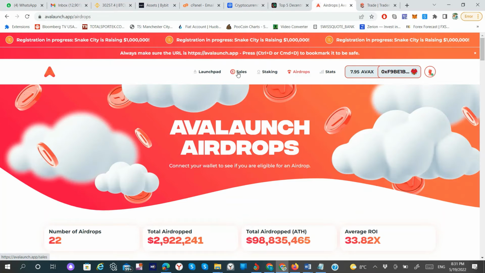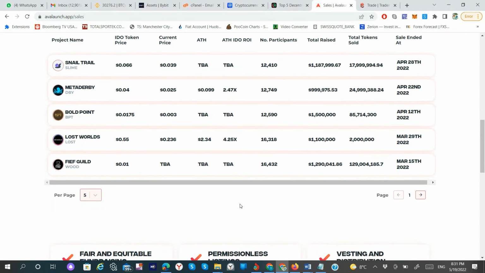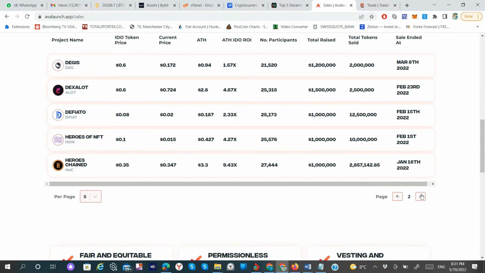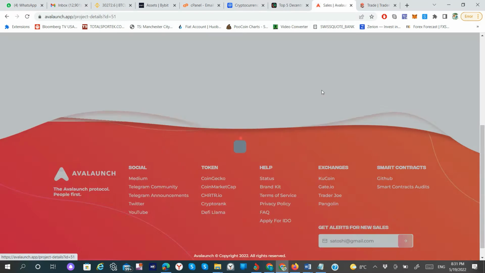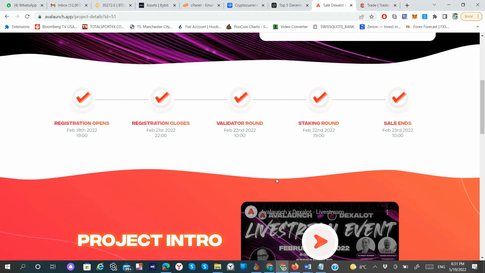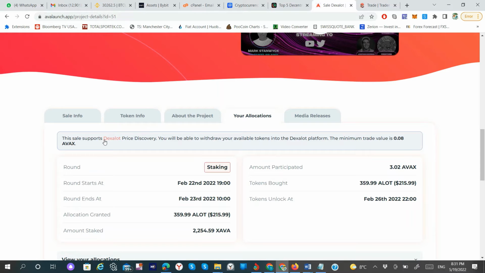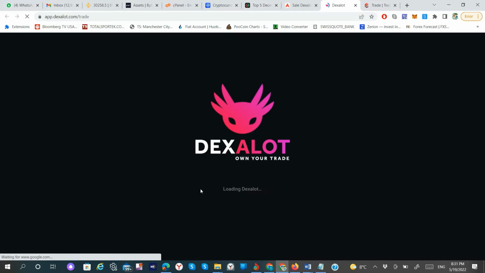Here in Dexalot, when I participated, I went and exchanged my token into Avax, and it was a good one. Then here it can take you to the exchange platform and automatically connect to a MetaMask wallet for the exchange.